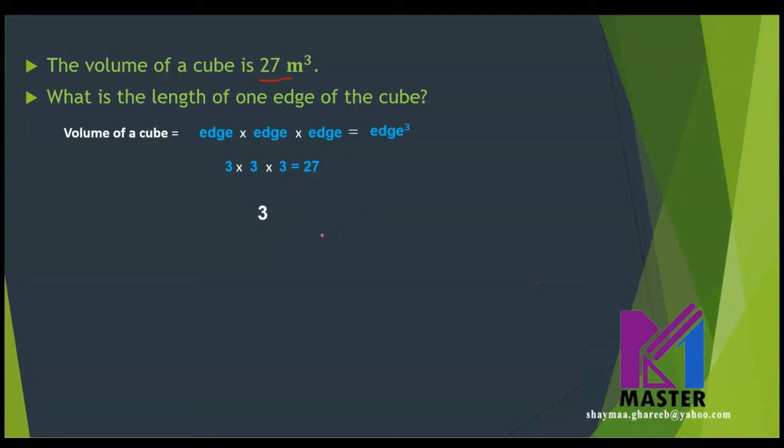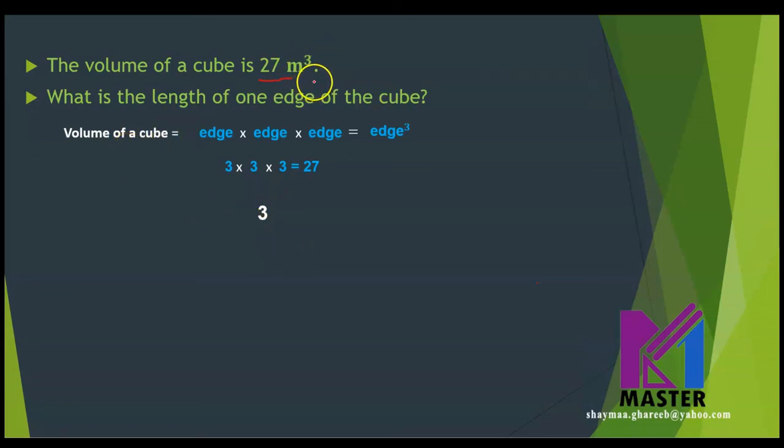So what about the unit now? 3 cubic meters or 3 meters? This is the length of one edge, so we have to measure it using the units of measuring length. So I don't write cubic units with length.